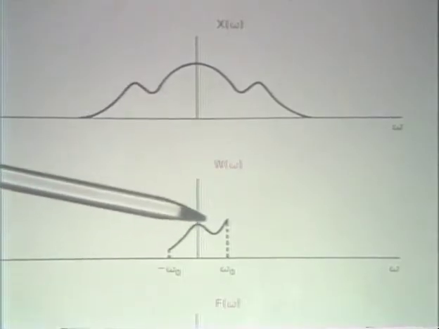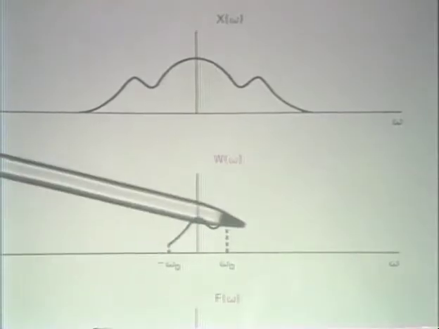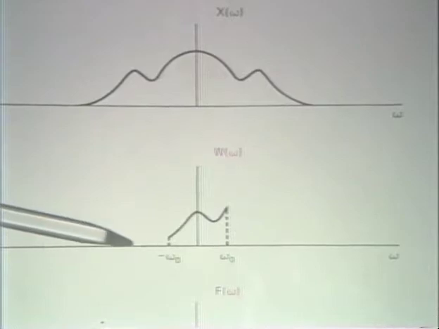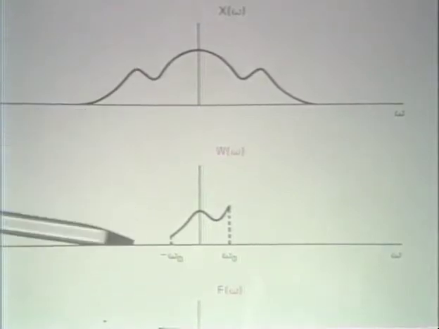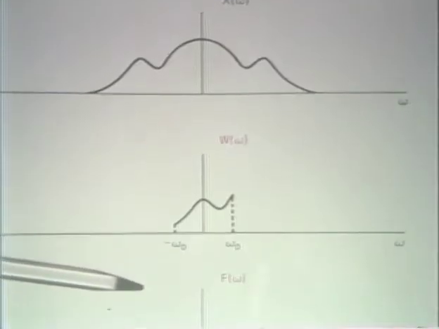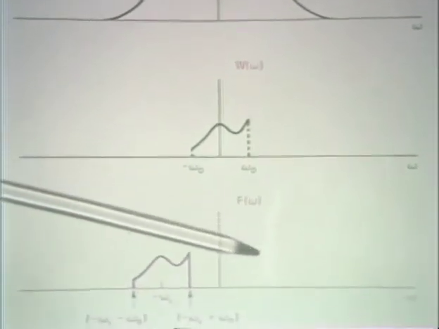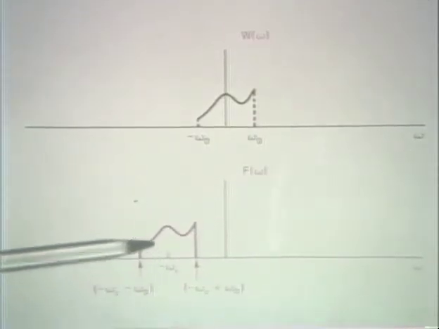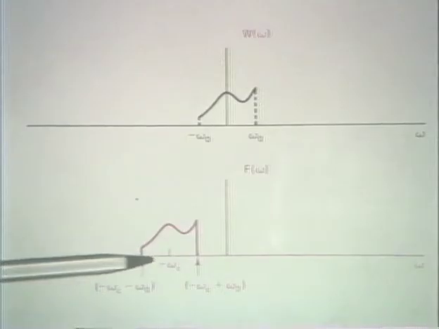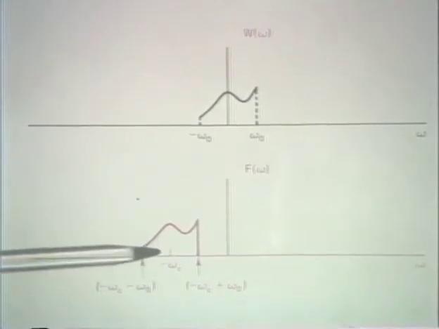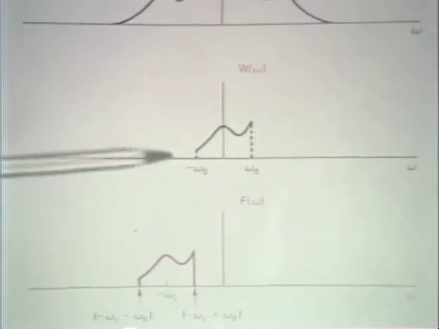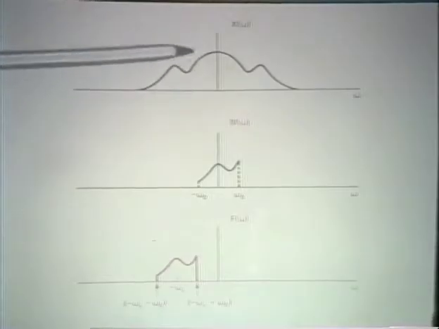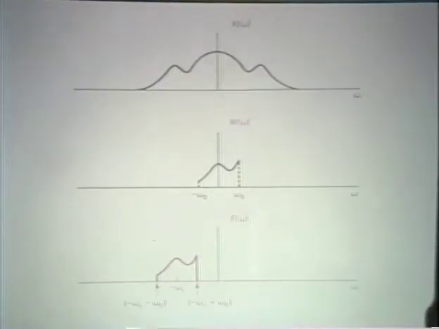And the next step is then to demodulate this. And so, in effect, demodulating will shift this spectrum back to where it originally came from. And so that result will be what I show in the final result, which is here. And what we can see is that this, in fact, is equivalent, if we look back at the top spectrum, to having extracted with a bandpass filter a section out of this part of the spectrum.